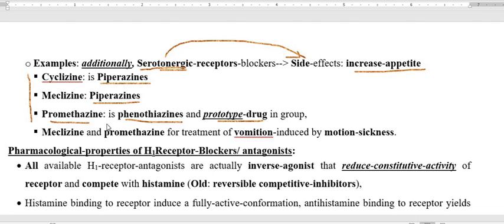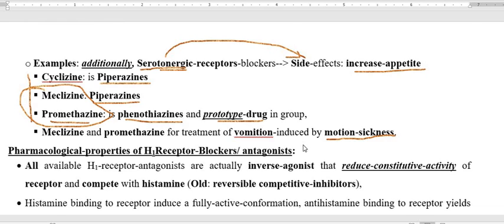Promethazine as well as meclizine have much therapeutic utility in the therapy of vomiting or emesis, particularly caused by motion sickness. So we use them as antiemetic drugs.